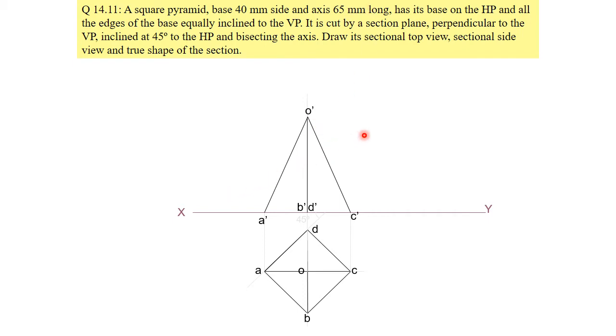dash. One more thing we need to do is the cutting plane. For the sectional view, for the sectioning, we always require a cutting plane for cutting the solid. So how will you do it? Here the section plane is perpendicular to the vertical plane, inclined 45 degree with the horizontal plane, and bisecting the axis.